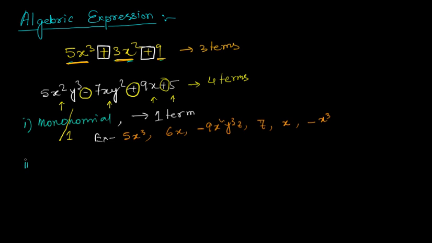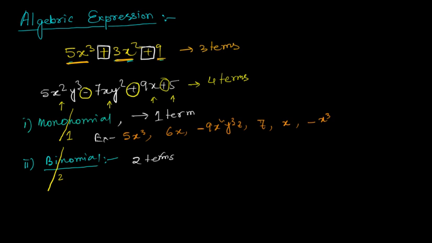Next is what is called a binomial. The binomial, remember the word bi means two. That means it must contain two terms.